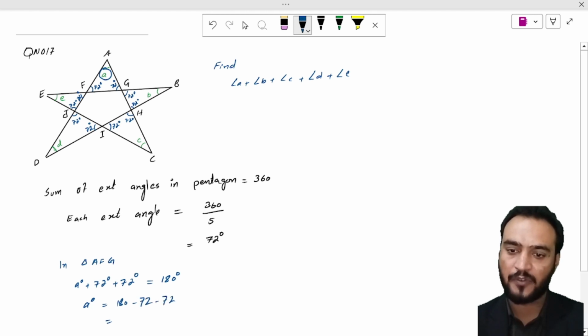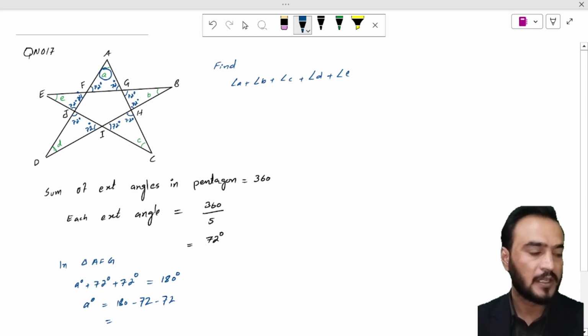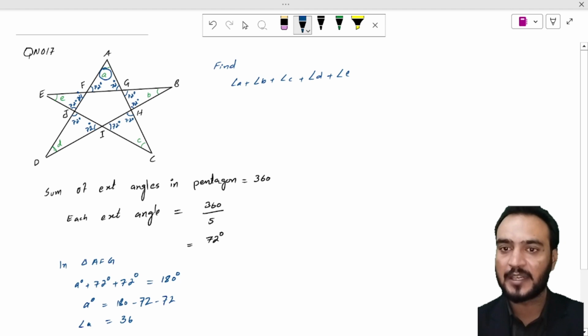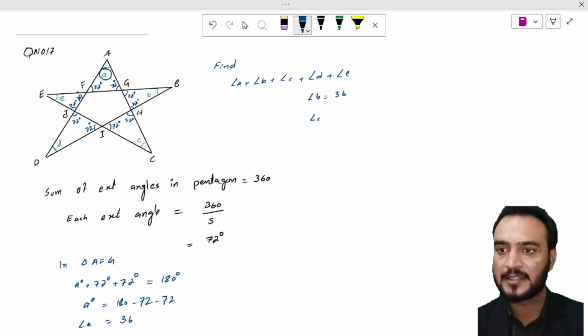Subtracting these two angles from 180 degrees, we get angle A, which is 36 degrees. Similarly, angle B is also 36 degrees, angle C is 36 degrees, angle D is 36 degrees, and angle E is also 36 degrees.